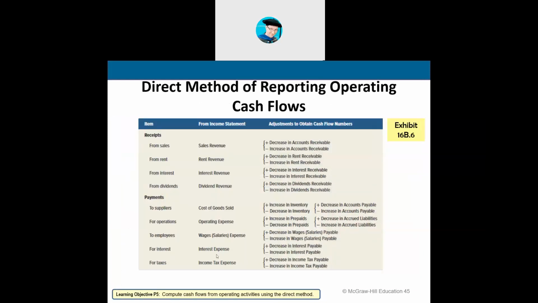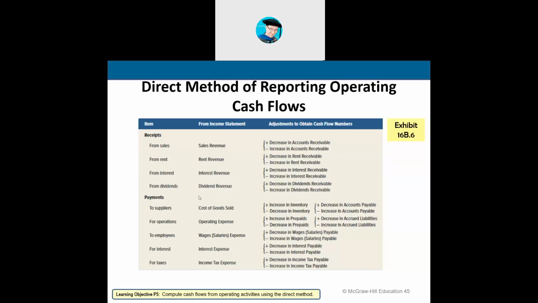Cash coming in is from customers, which is sales, or for other reasons. It depends on what the primary operations of the business are. Rent coming into the business because your business owns a space and rents it to others. Interest coming into the business from investments. Dividend revenue because the business owns percent ownership in other companies.